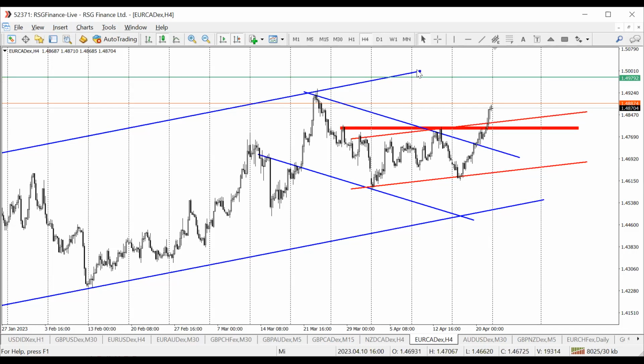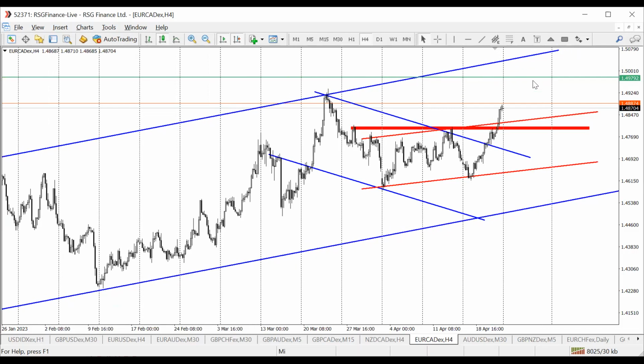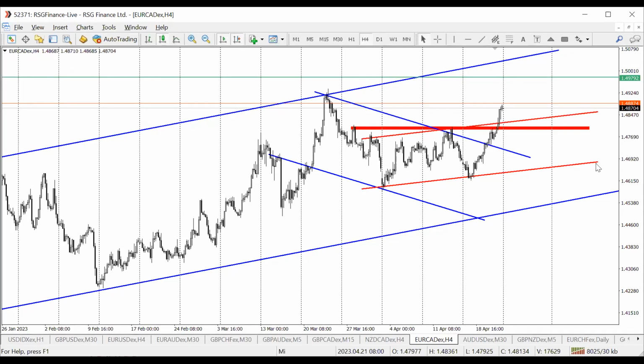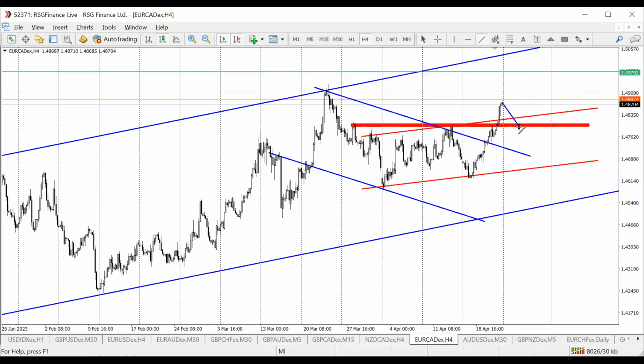So my goal is to see price make it to the upper boundary, but prior to that, I want to see price touch the 1.4979 level. And there are several factors to believe this will happen. One is we see a breakout from this level, so we could see a correction to this point before price will rally up to this level.